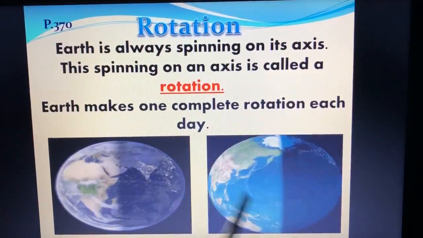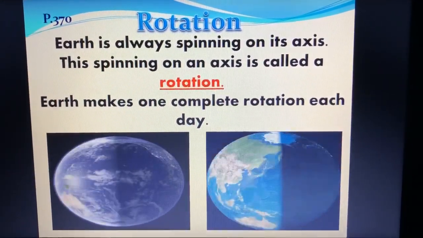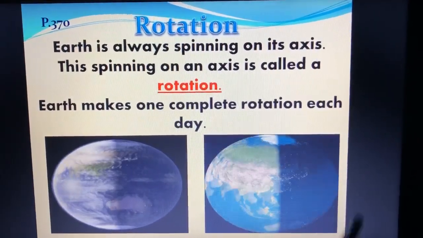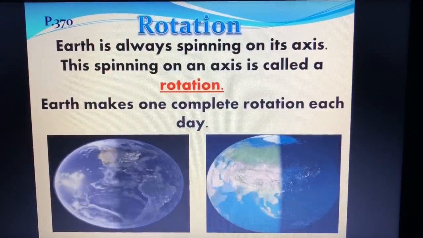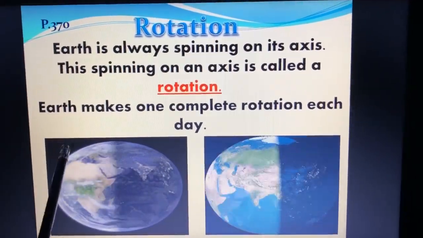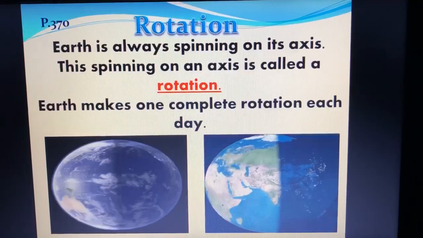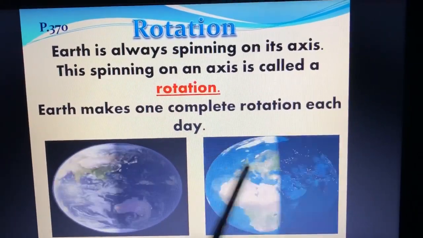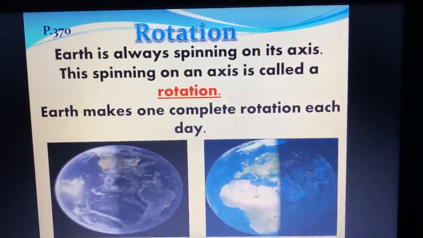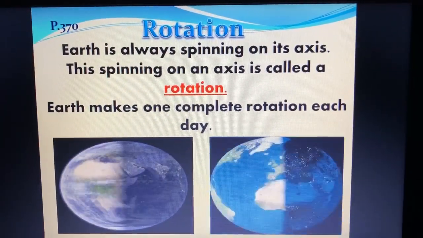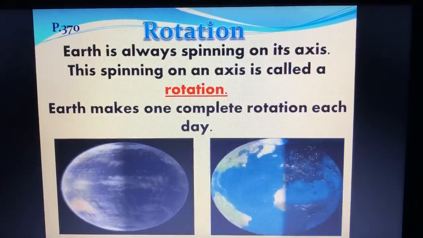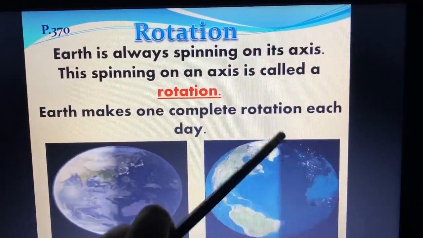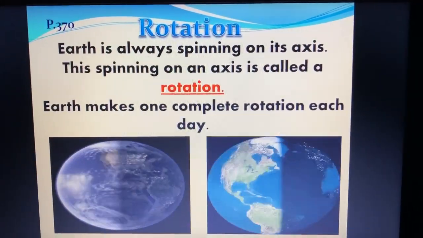Earth makes one complete rotation each day. So every day, the earth is spinning like this, going around like this. Clear? So this is the meaning of rotation: spinning, just going around on an axis, which is this imaginary line.